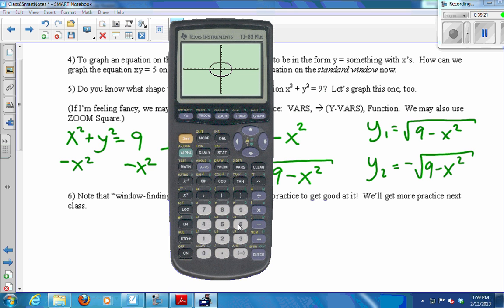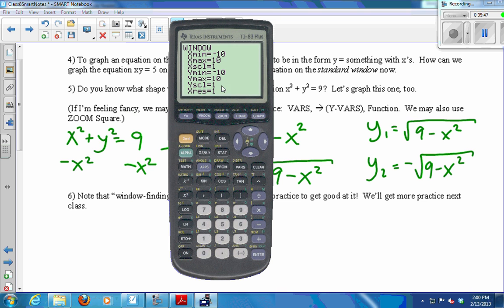And this is supposed to look like a circle. Why does it look like an egg? Yeah. Why are they different scales? Okay, so in the window, I entered negative 10 to 10, negative 10 to 10 for x and for y.